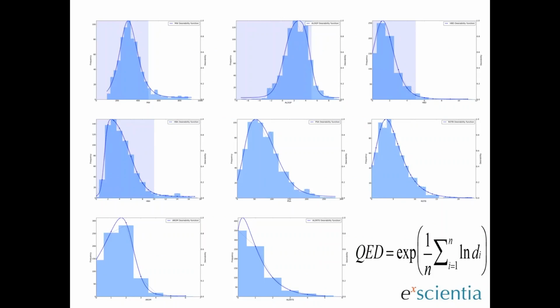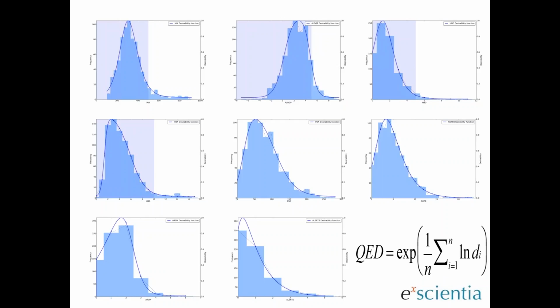Here you see the 8 properties and the distribution for the 770 drugs for each of the different properties. We see the distribution, and in dark blue is the function that represents this distribution. The idea is that where we have the most compounds, it will get a value of 1, and on the edges it will get a value of 0.